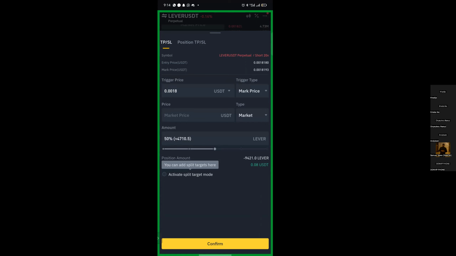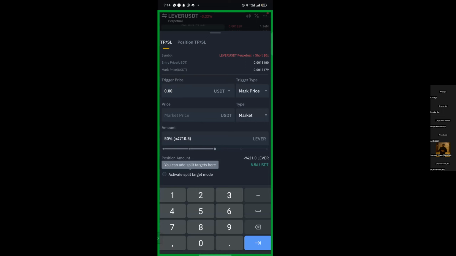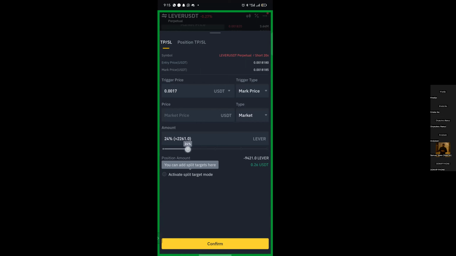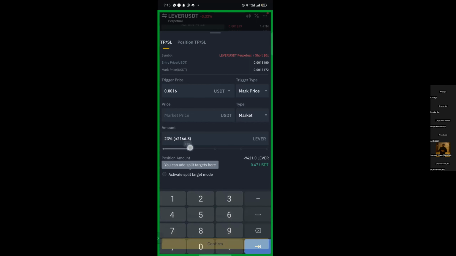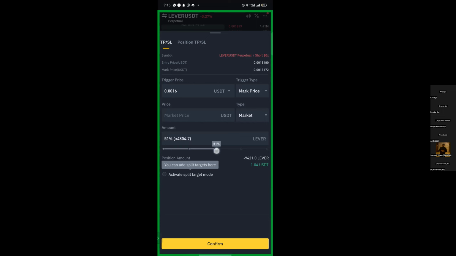So you can set your take profit target at 0.072. Once it reaches 0.017, at 25% you take 25 cents. Now for target 2, you can put it at 0.06, and maybe the remaining 25% or 50%, you take $1. So that's how you can be taking profit.